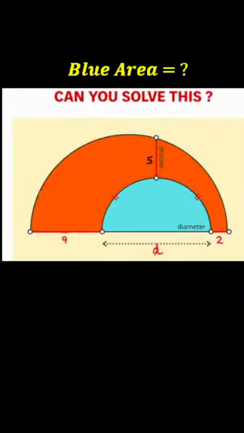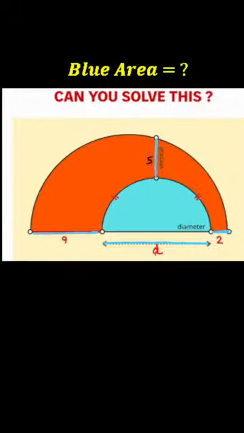You can see there are 2 semicircles here. We need to calculate the blue area. This one is the diameter of this semicircular region. This length is given to you as 9 and this is 2. This vertical length is given as 5. You need to solve for the blue shaded area, guys.